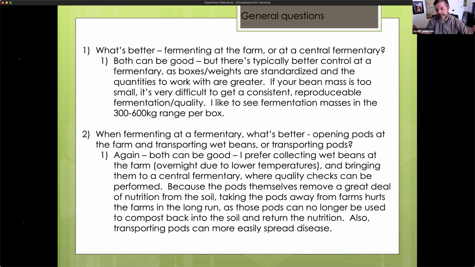I like taking the pods and keeping them on the farm, because then you can turn those into mulch that you can then use to fertilize and put nutrition back into your soil, so you've got healthier trees over time. I don't like the idea of continually taking nutrition out of your soil and putting it someplace else, because over time, what happens is your trees get sick.